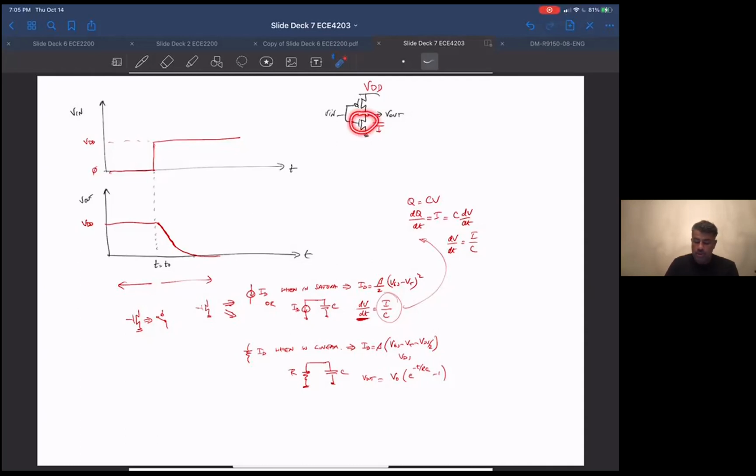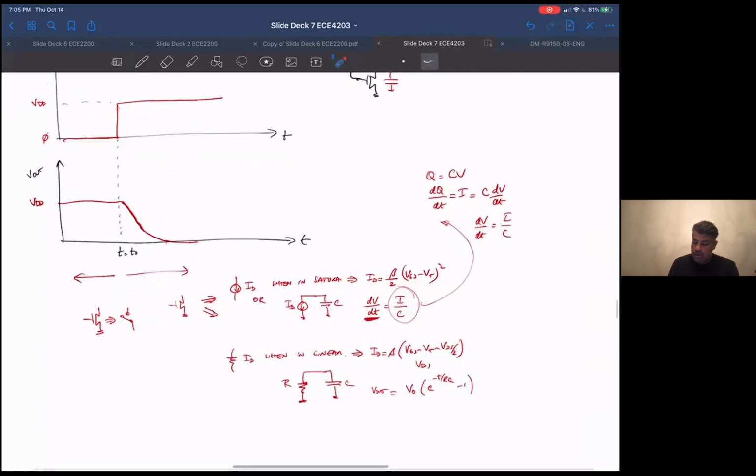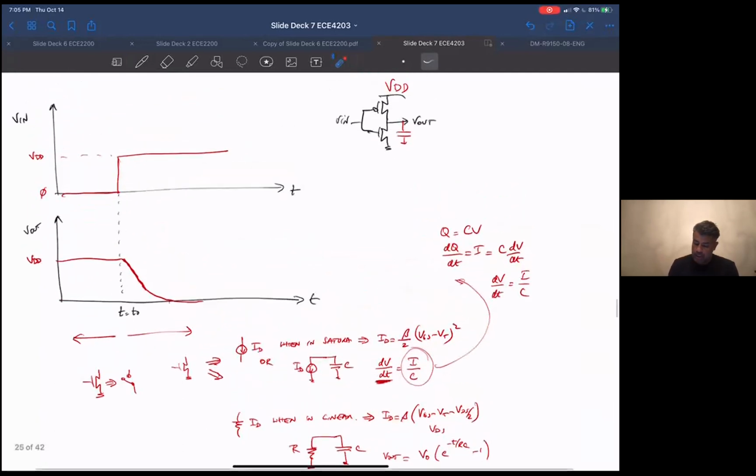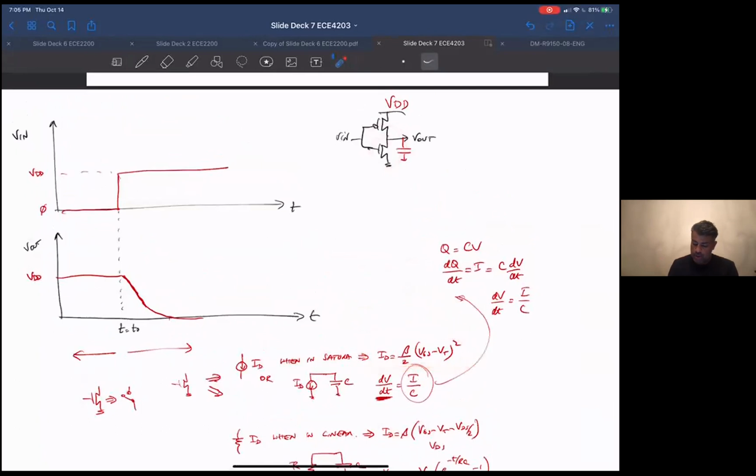It turns on, but because it has a large drain source voltage, it's going to be in saturated operating mode. In saturation, there's no VDS component in the equation, so it just looks like a current source. And a current source discharging a capacitor just looks like a straight line. So initially you get this straight line response.